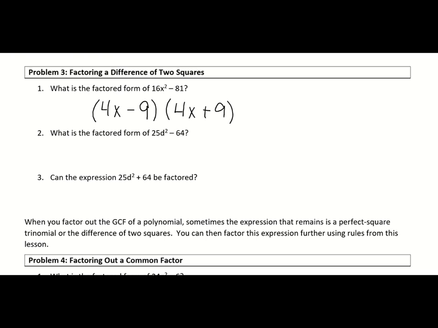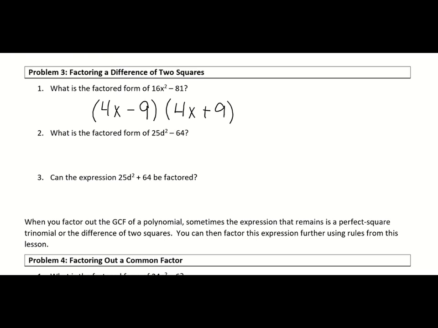If you compare this process with the longer method we did in problem 2, you'll see it works every single time. So a difference of two squares, if we just take the square roots of each number and plug them in with a plus and a minus in each binomial, it will save us the process of factoring by GCF on both sides of a larger polynomial.